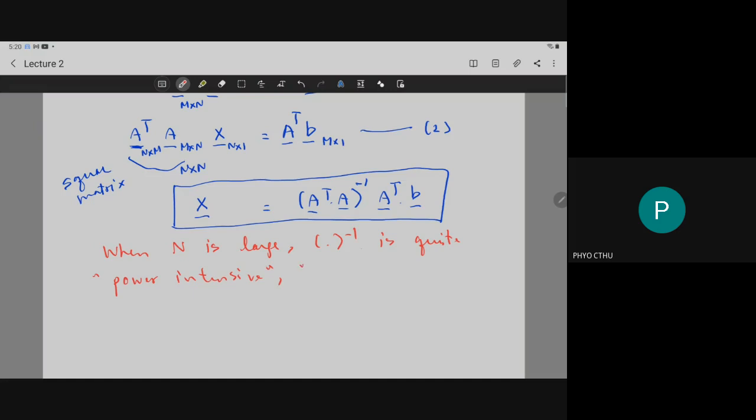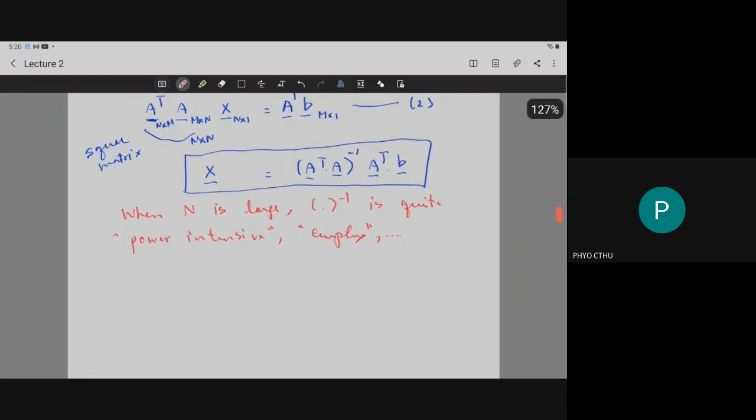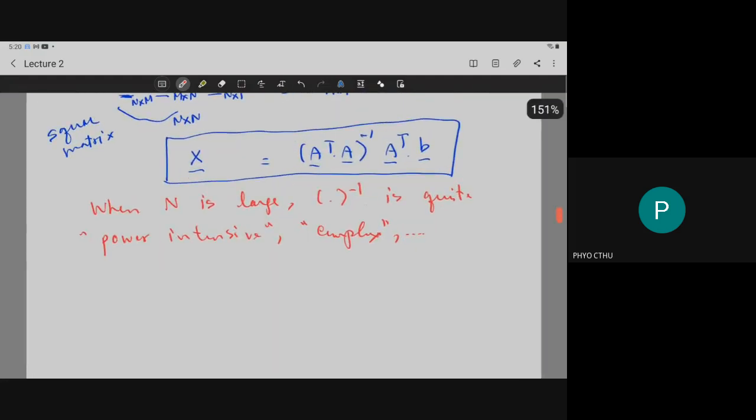It is quite complex, so we don't want to do the traditional inverse because it's very costly, power intensive, and also very complex.